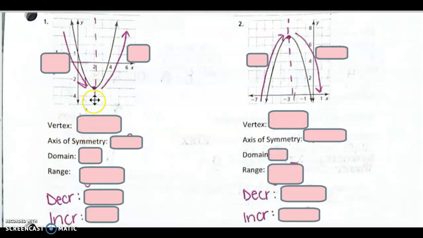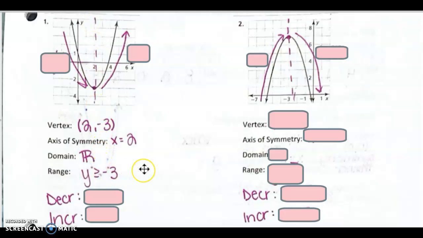On this one, the vertex, if we look right here, it's 2, -3. Our axis of symmetry is x equals 2. Domain's always all real numbers. Our range, we start with the y value. So you can always look at this y value right here of your vertex. And so it's going to be y with -3, and it's opening up, so all of these numbers are greater than -3.